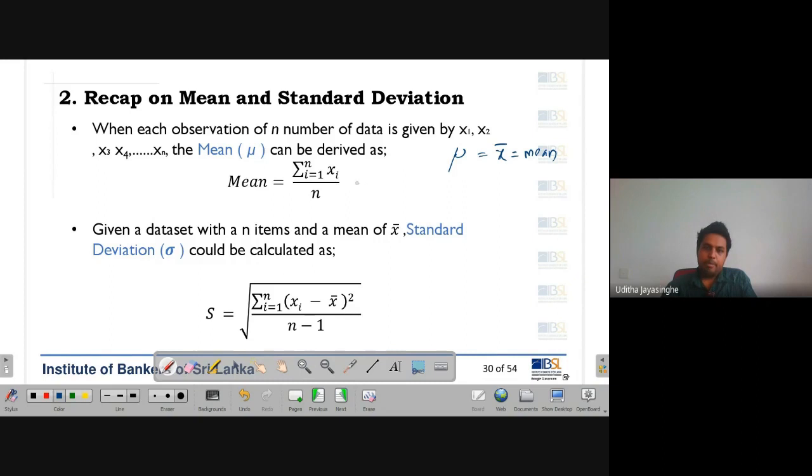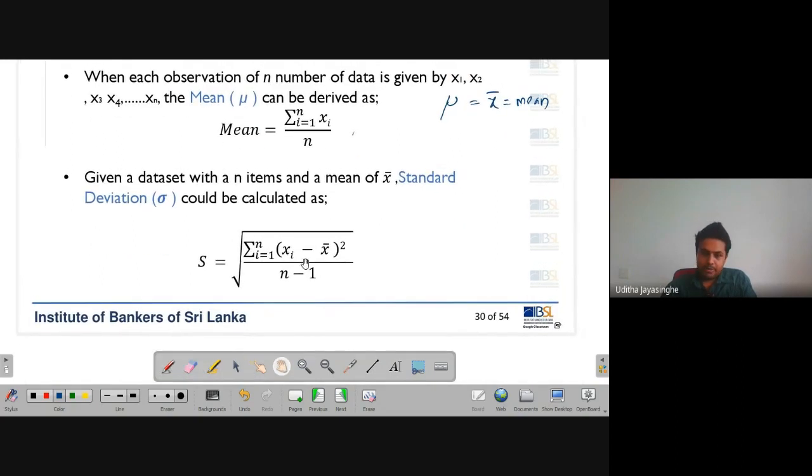That is a mean. What is a standard deviation? Given a data set with n items and a mean of x bar, standard deviation for a sample and population, we know that if it is a population, we have the capital N. If it is the sample, we have n minus 1. I'm assuming, and we all know in statistics all the time we are talking about samples. So the equation for the sample part is what we are given here.